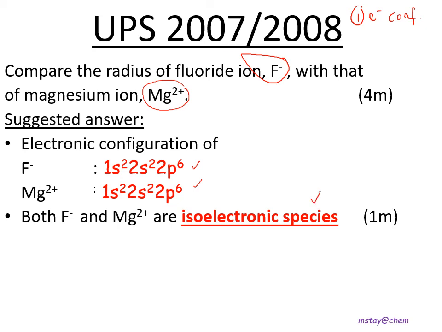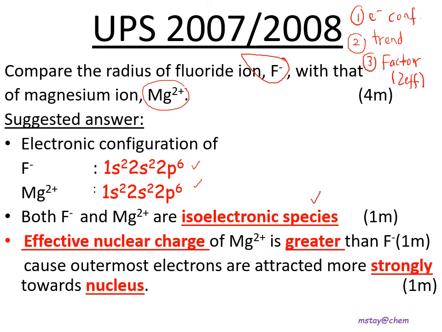So again, from the electron configuration, we know the trend. After we know the trend, then we know which factor we are going to use to do the explanation. If isoelectronic, we are going to use effective nuclear charge. So you will look here: effective nuclear charge of Mg2 plus is greater than F negative. Here again, we have to include the species of the question, Mg2 plus, F negative.